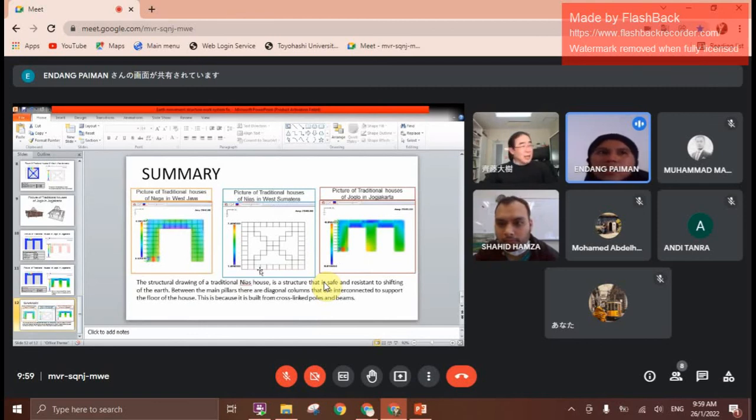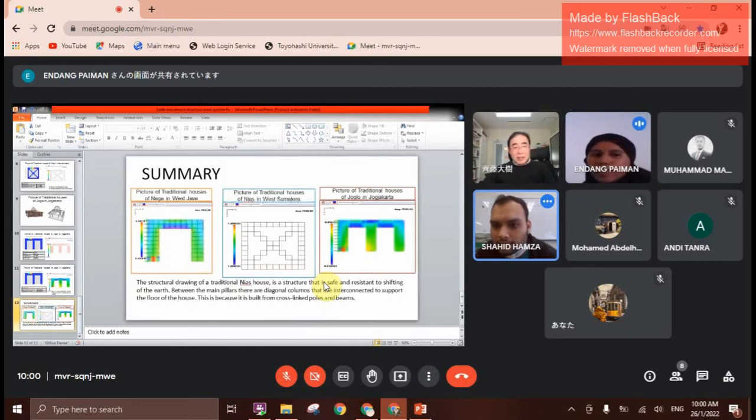It is just built by placing pillars on stone, and for the stone you have to apply support. So I think that's the type of structure that makes the traditional house of Nias stronger than both of the others. Okay.